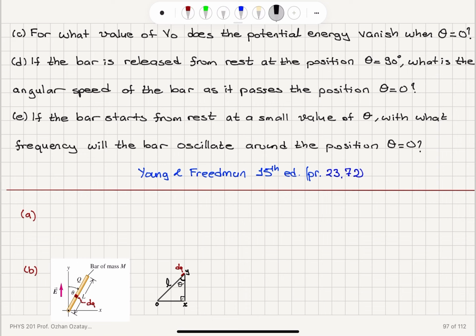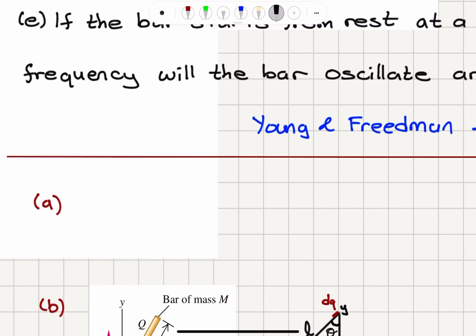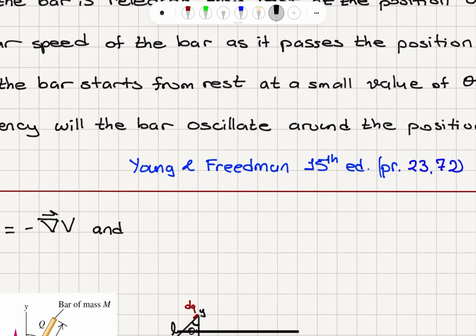The relationship between the electric field and the potential is that the electric field E is minus the gradient of the potential. And we can go from electric field to potential.